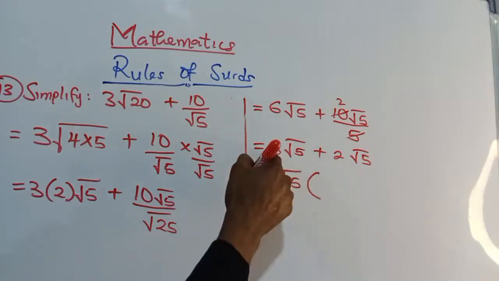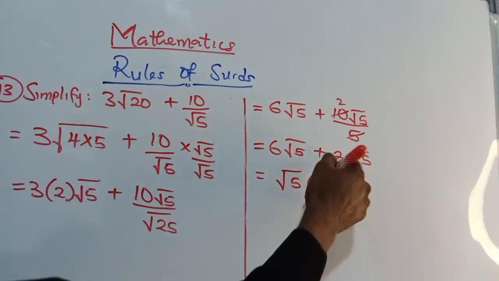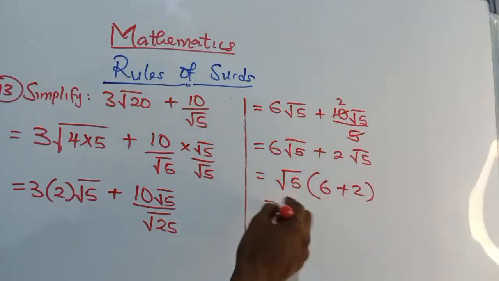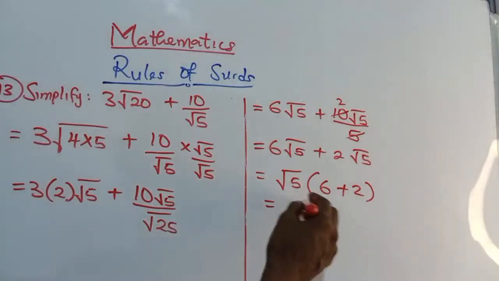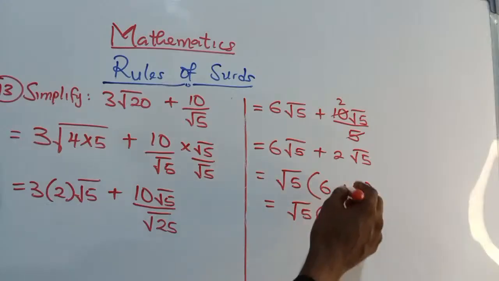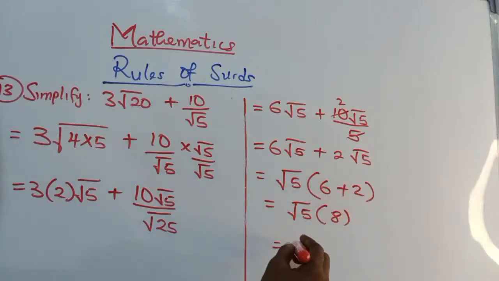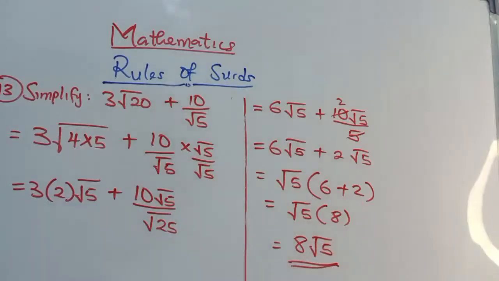Let's factor out root 5. What do you have here? 6. What do you have here? 2. So 6 plus 2 is 8, so it's the same as root 5 multiplied by 8. Finally, that is 8 root 5.